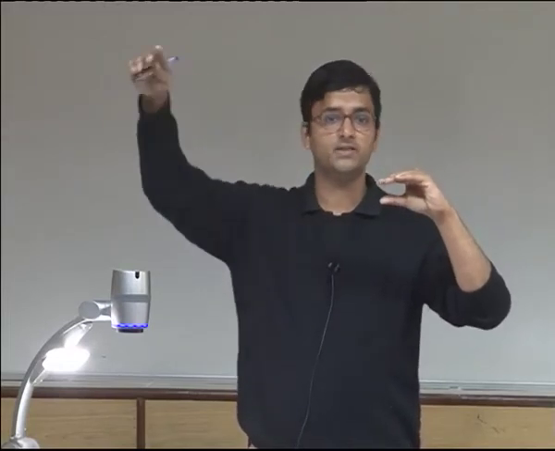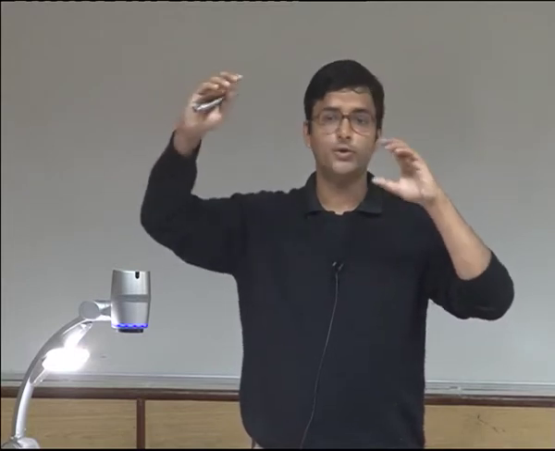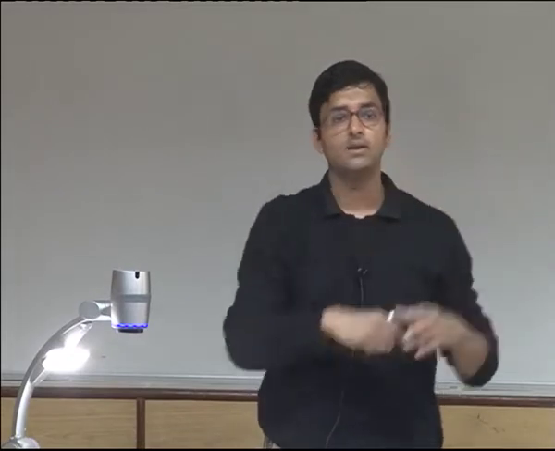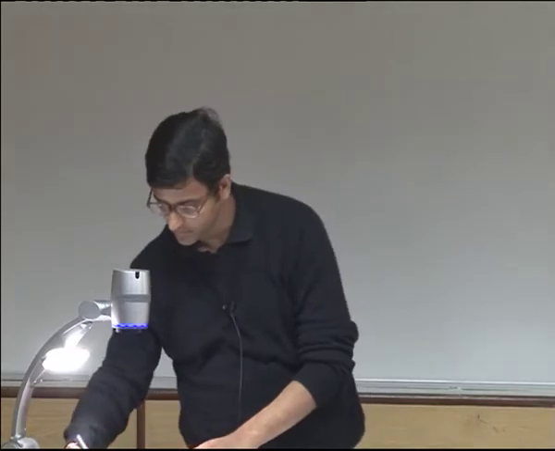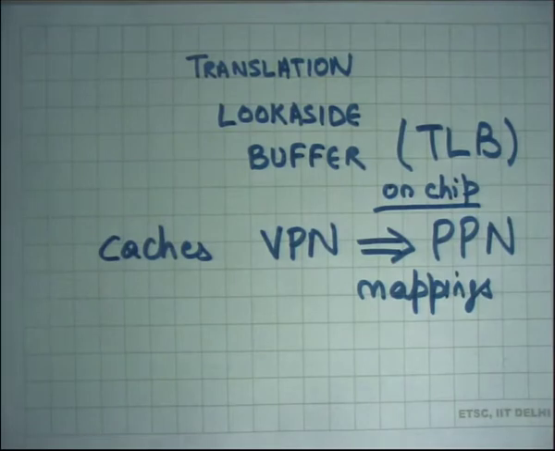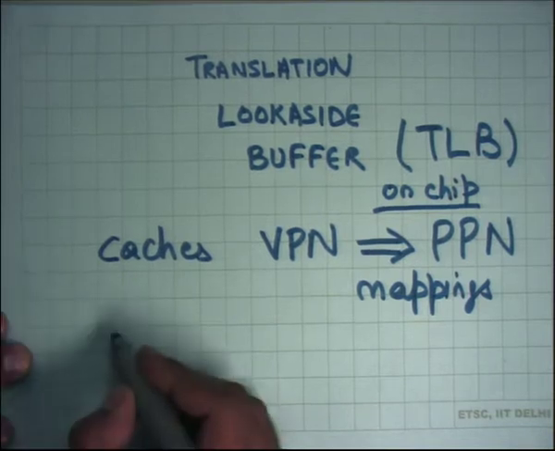So if you could cache this end-to-end mapping from VPN to PPN in your TLB, you could first check your TLB, which is on chip on the CPU. If the VPN corresponding to the virtual address being accessed is already in the TLB, you don't need to walk the page table; you can just get the PPN from there, add the offset and directly access the memory.